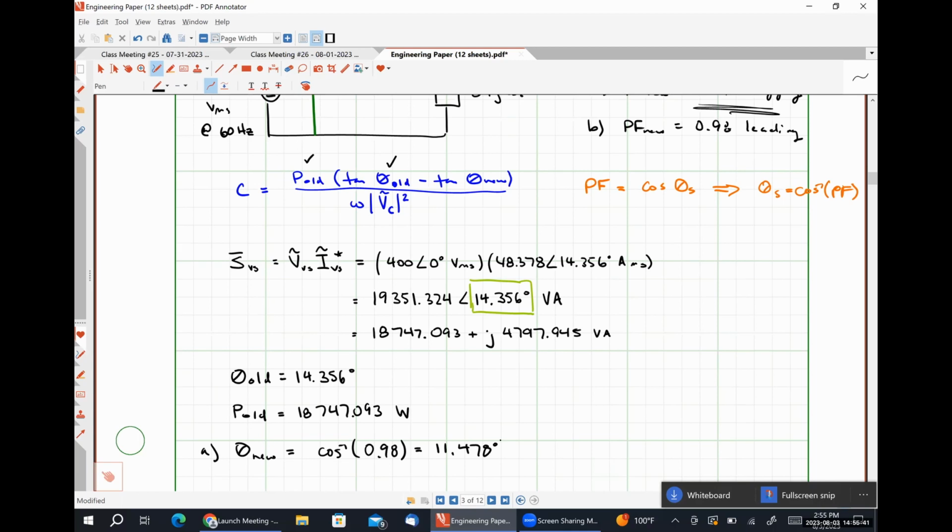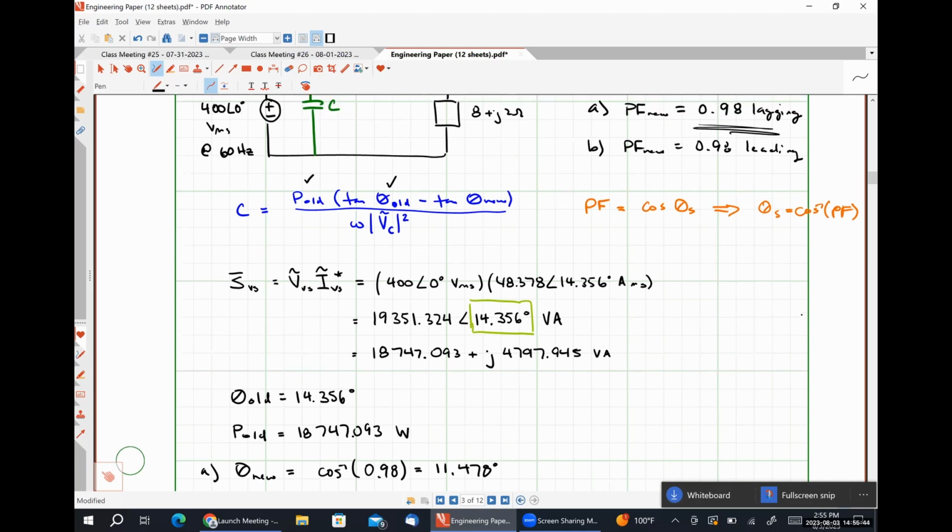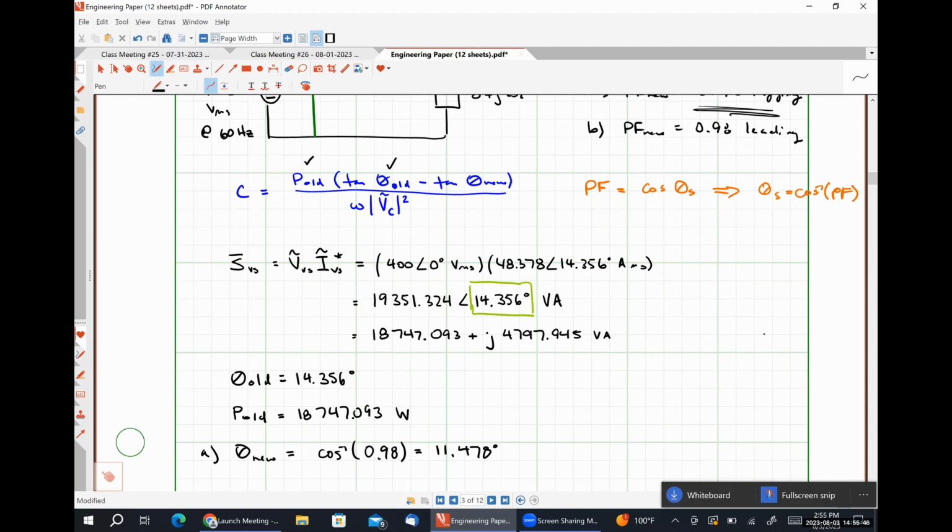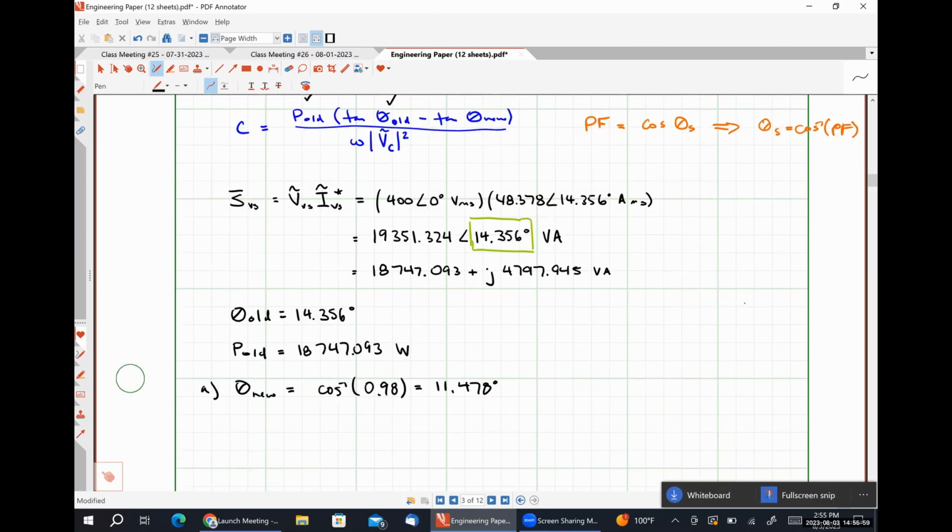Now, in part A, we want a power factor of lagging. So should this angle be positive or negative? Okay, so I look at the chart, I look at lagging. We want it to be lagging, so it would be positive. Right, so we leave this alone.